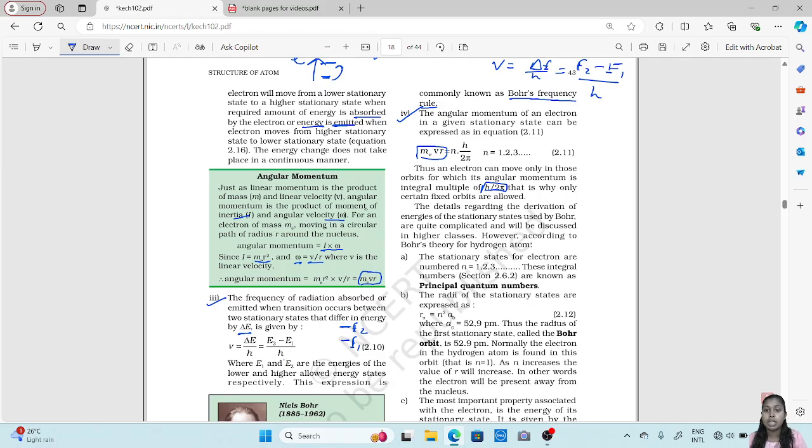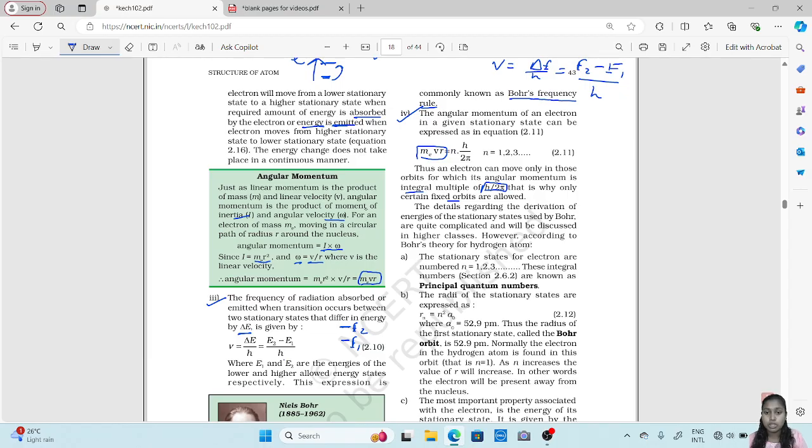The details regarding the derivations of energy of stationary states used by Bohr are quite complicated and will be discussed in higher classes. You will be learning it there as it is a little complicated part.